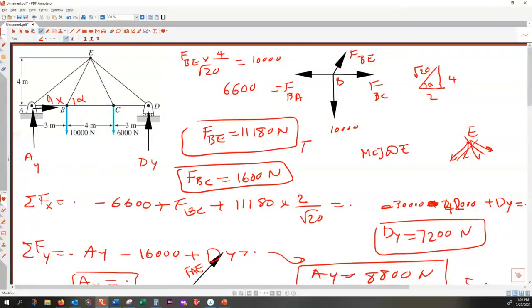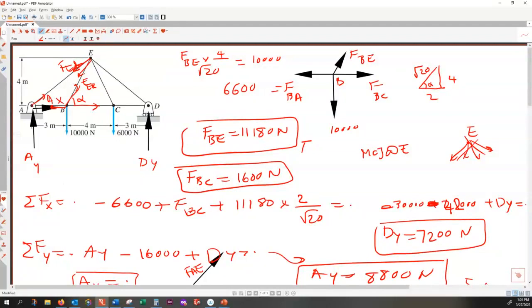Okay, we found forces here, FBC, FBE, and that one. So the next step, I also have calculated this force, which is equal to that force here. All right. So at joint E, I can transfer FBE to here, that is FEB. I can transfer FAE to FEA.